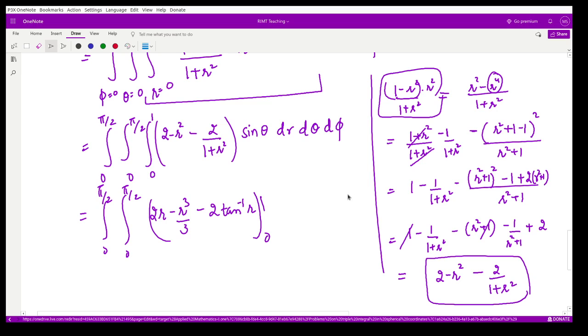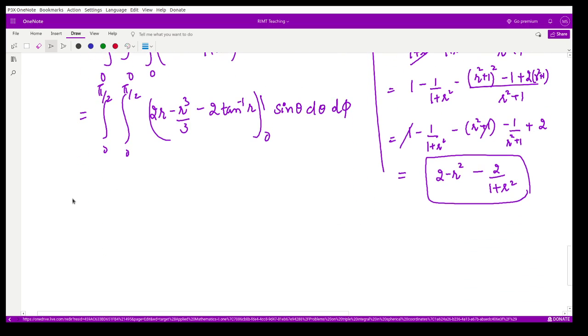So we have to perform this integration. The limits of r are from 0 to 1, sin theta d theta and d phi. So what is this? When you substitute the limits, you will have 2 minus 1 by 3 minus 2 tan inverse of 1, which is pi by 4.